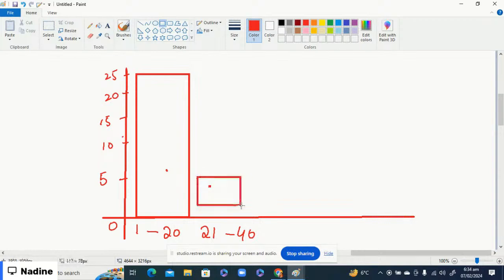So we measure it for 5, like this way. And there's one more thing: we match these lines like this way. This is for 21 to 40.